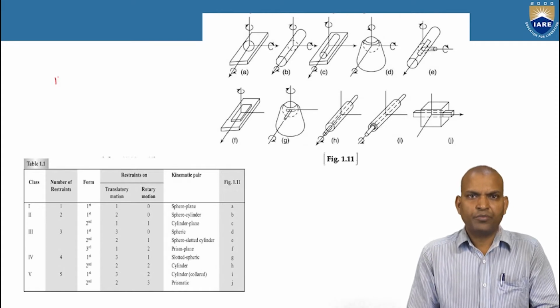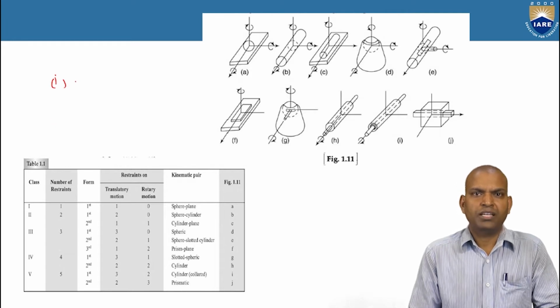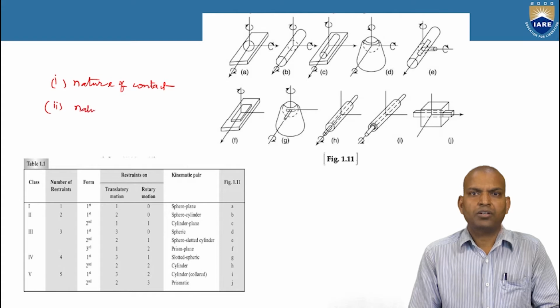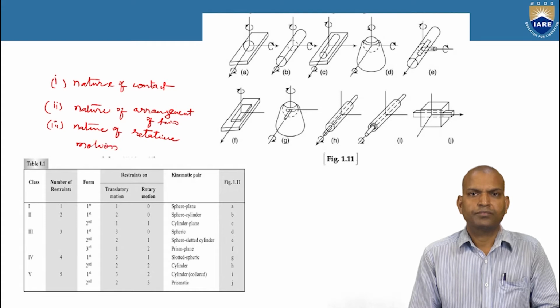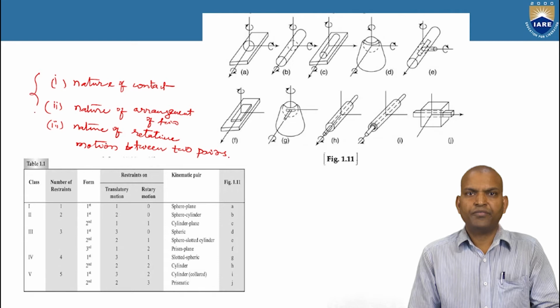So classification of kinematic pairs based on number 1, nature of contact, number 2, nature of arrangement of the pairs, that is open and closed, and number 3, nature of relative motion between the 2 pairs. This is one way of giving the answer.